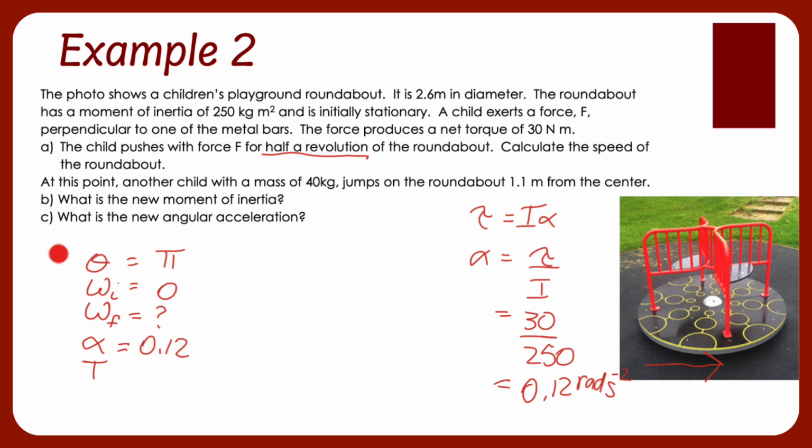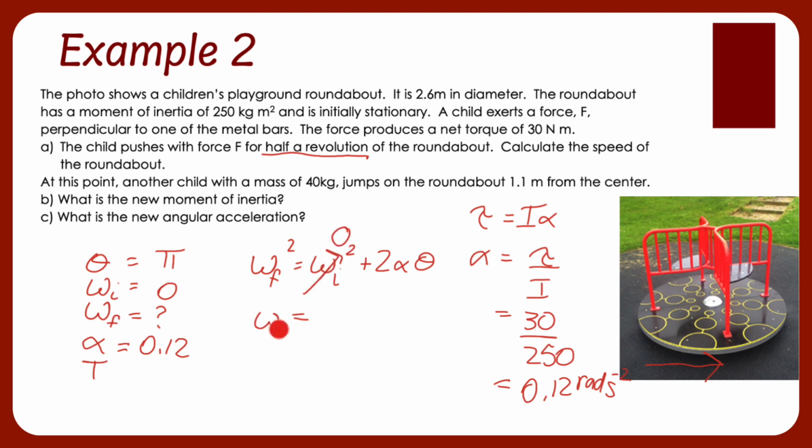So I need my SUVAT equation, rotational style, that has s, u, v, and a. Well, normally I would say that's v squared equals u squared plus 2as. In this case, so let's do some substituting. This is 0.